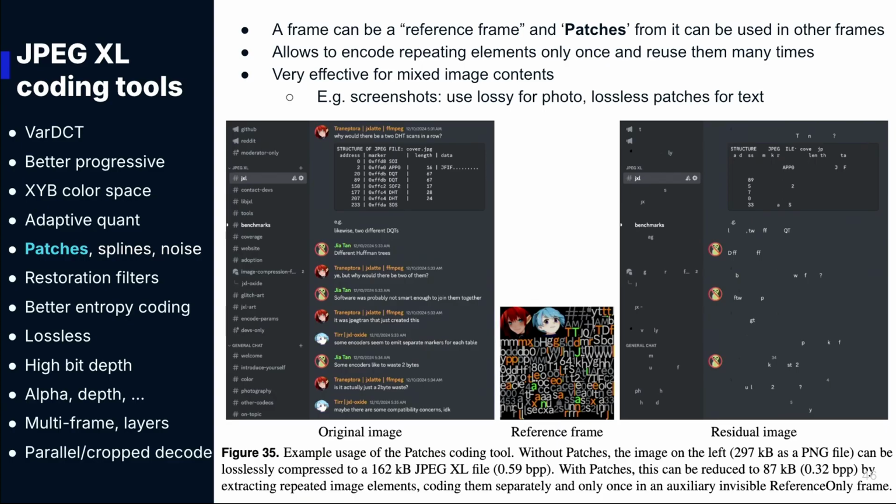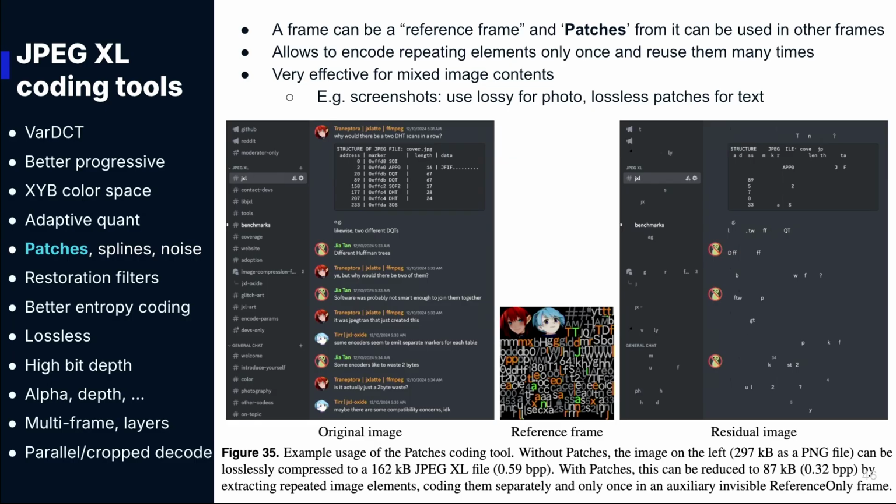Okay, one other coding tool is the patches. It's a little bit complicated to explain, but basically this is maybe a little bit similar to what some video codecs do. You can have multiple frames in an image, and even frames that are just auxiliary frames that are not part of the image itself.